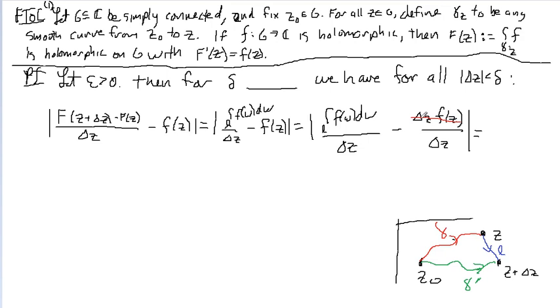This bit here, this is the length delta z, which is exactly the length of the blue there, and f of z is a constant, because that's just the value at that particular point. So I can rewrite this as the integral along L, since it has length delta z, of f of z, which is a constant along the line, because this is a z, and I'm going to integrate over w. So these are the w's. That z is just that one point there.